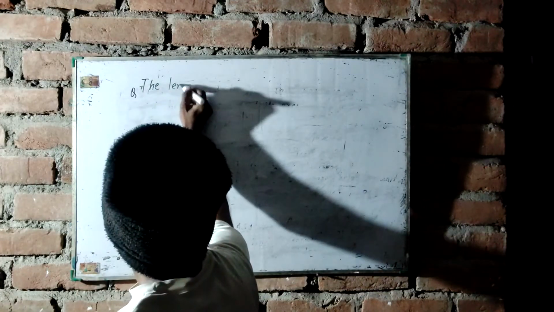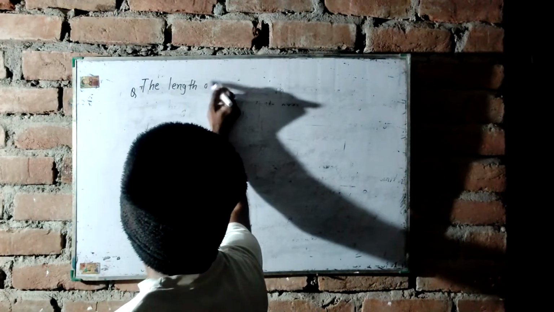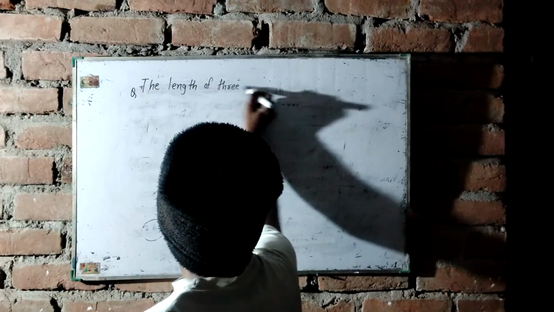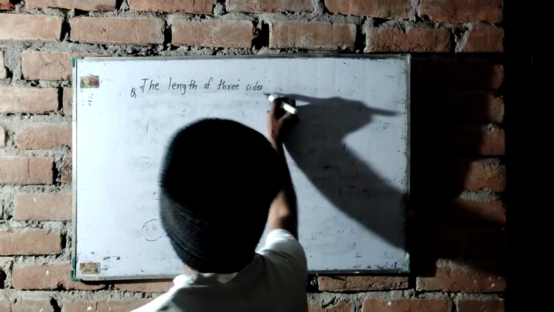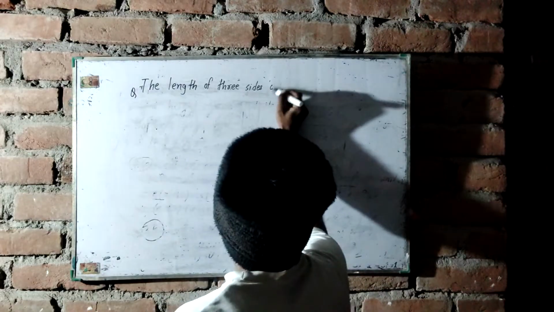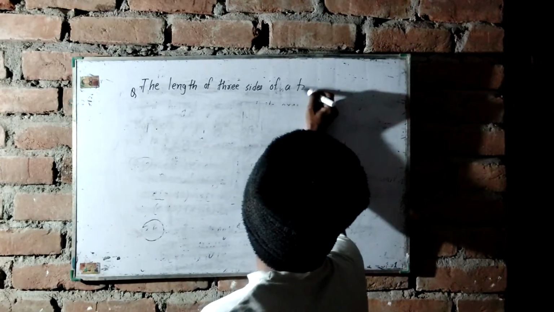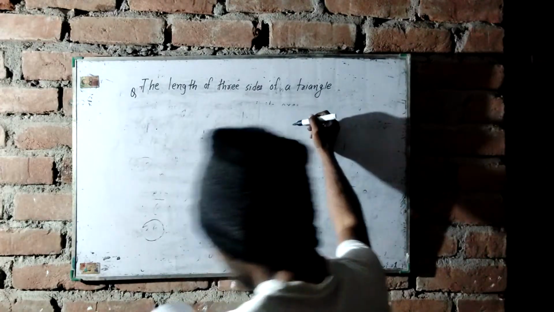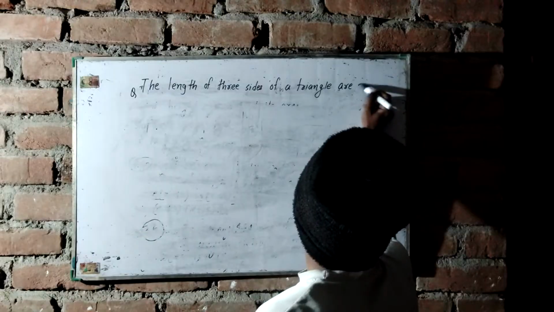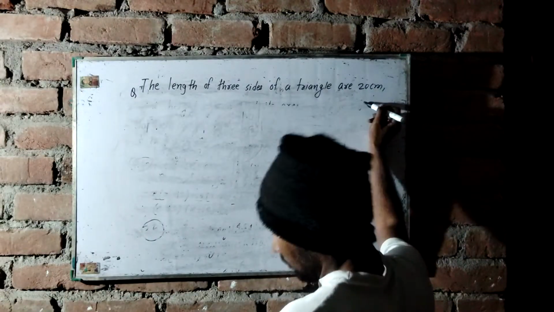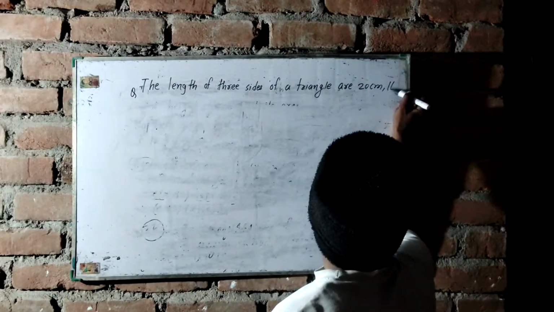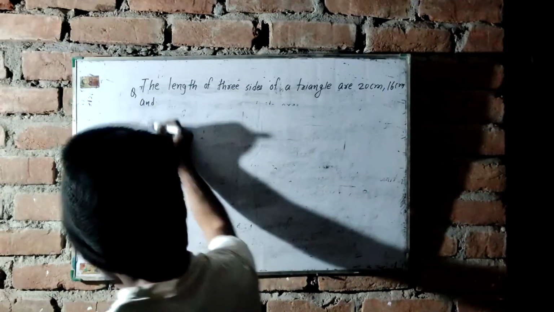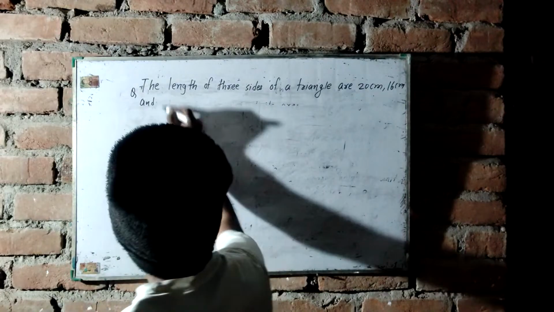The length of 3 sides of a triangle are 20 centimeter, 16 centimeter, and 12 centimeter.